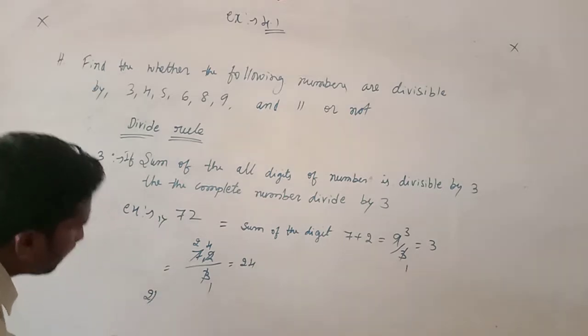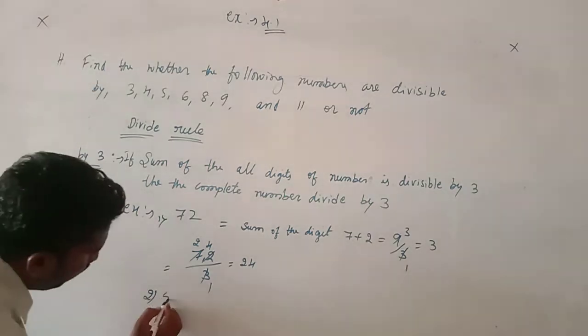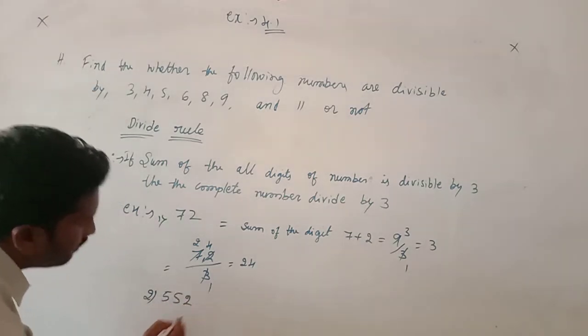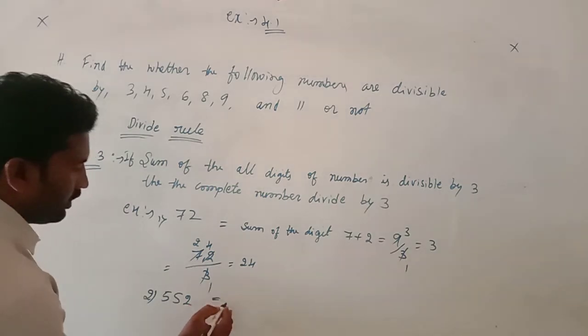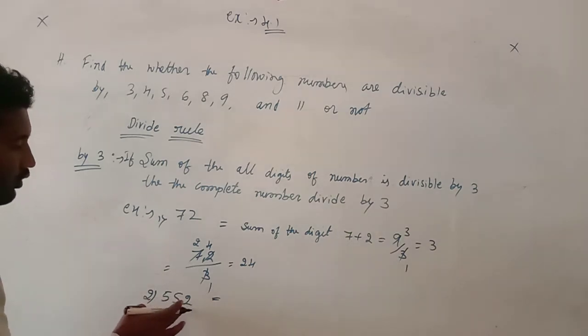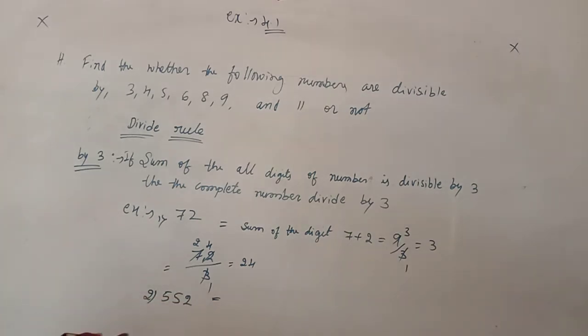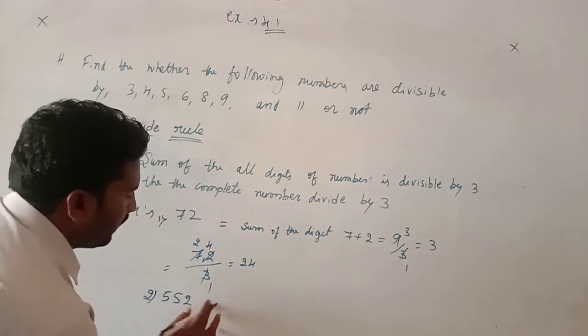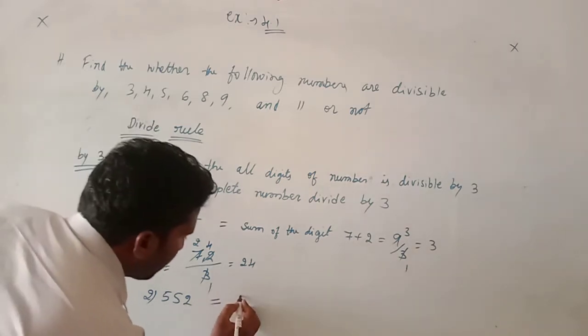I am taking another example, 552. What is the sum for 552? In this number there are 3 digits, 5, 5 and 2. I am checking whether it divides by 3 or not.